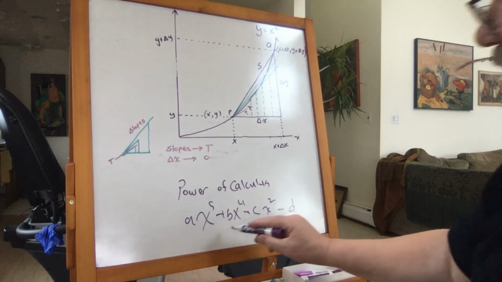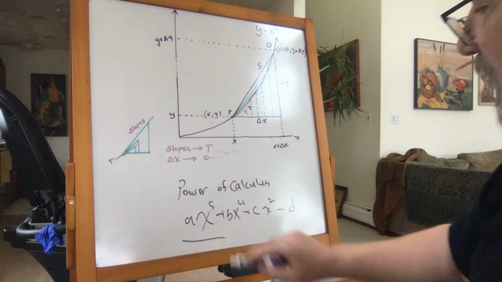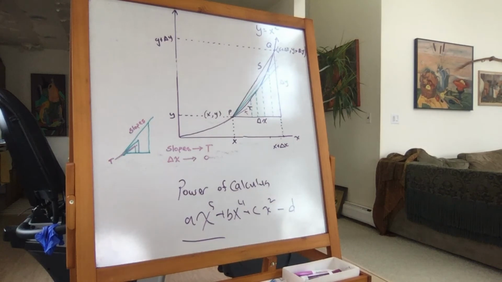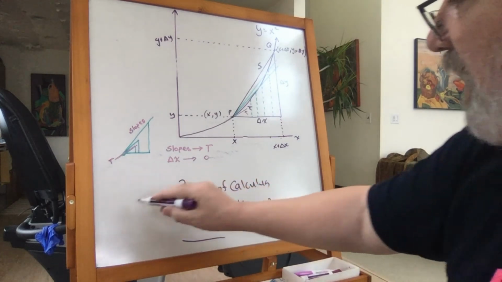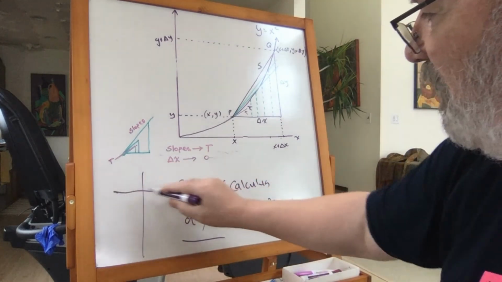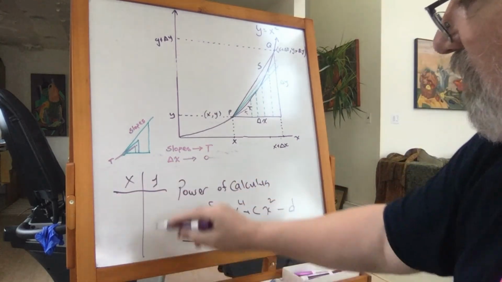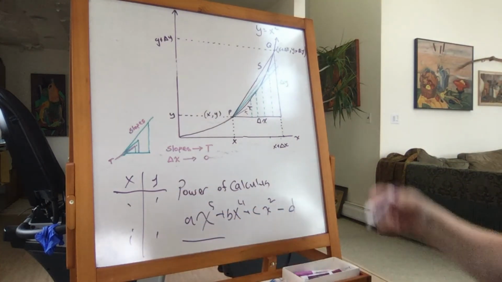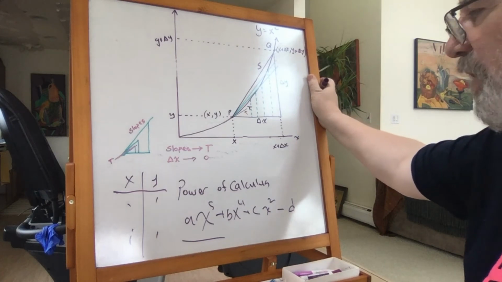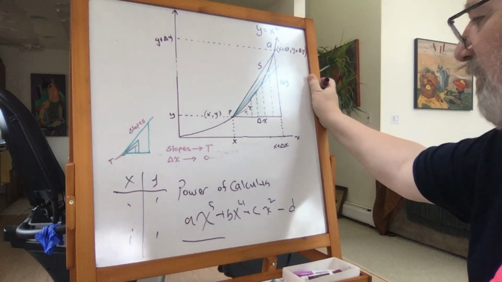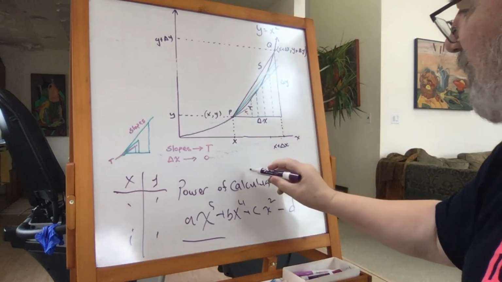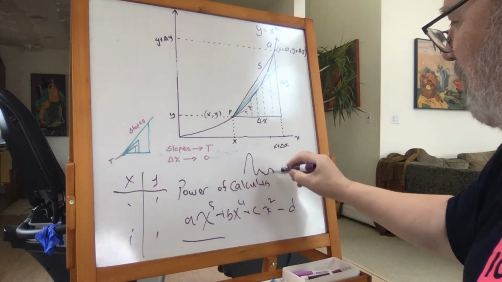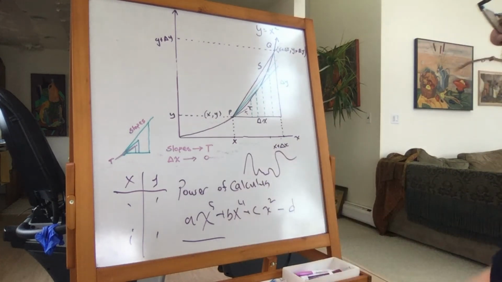Now we're going to be able to plot a function like that using calculus without having to create a big long table of x and y's and calculate them out, and then maybe missing some behavior, because some of these functions make funky curves.